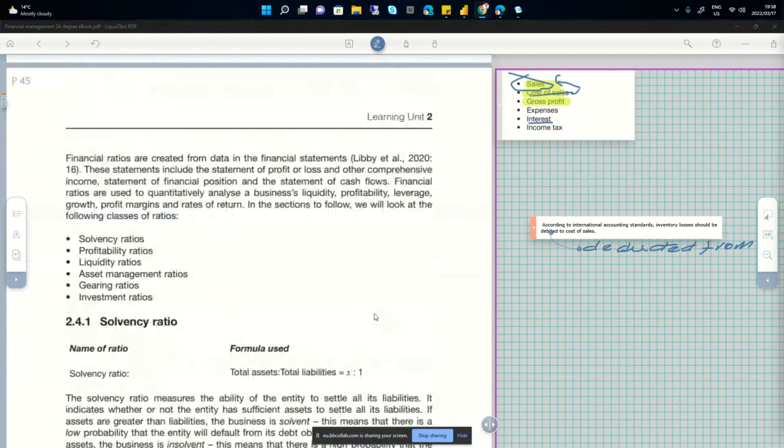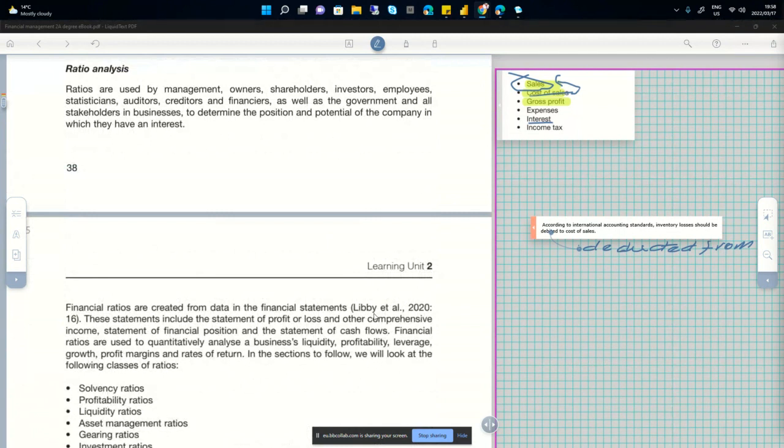So ratio analysis. It's quite important that ratios are used by everyone: the management, the owners, shareholders, investors, employees, statisticians, auditors, creditors, financiers, and government. We are all using ratios, but we are using them differently and for different purposes.